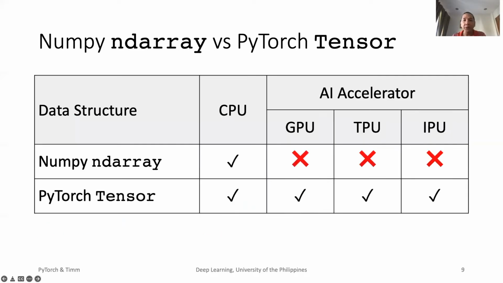In terms of hardware support, ndarray is limited to CPU, while tensor runs on both CPU and AI accelerators like NVIDIA GPU, Google TPU, and GraphCore IPU. This means even if you have an AI accelerator on your machine, NumPy cannot take advantage of that. All tensor computations are still slow because they are executed in CPU.